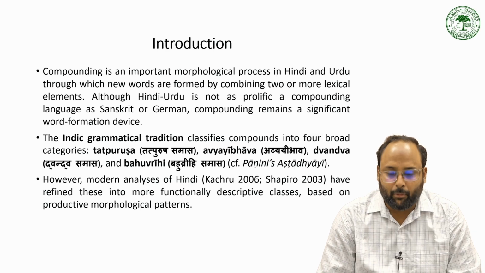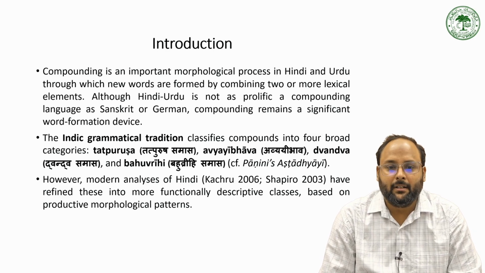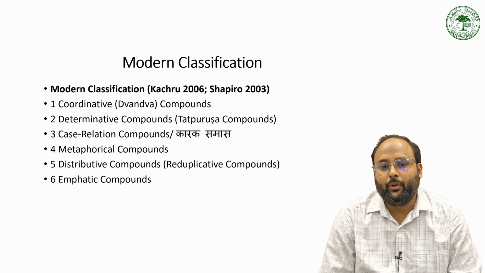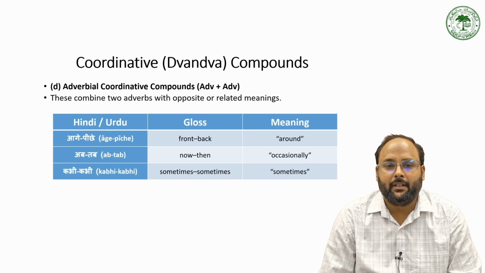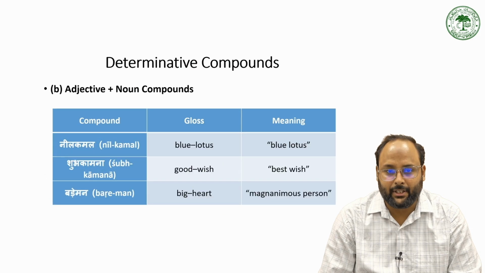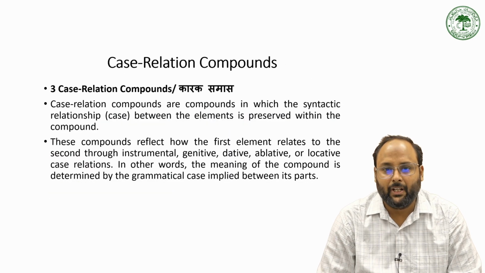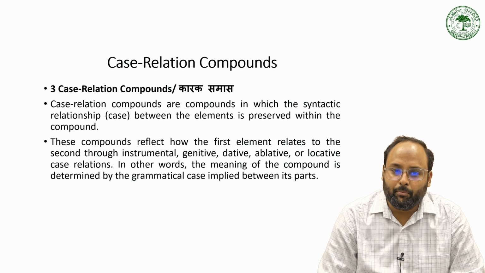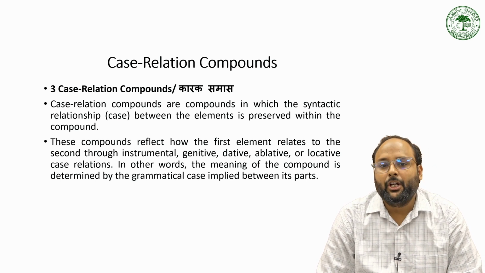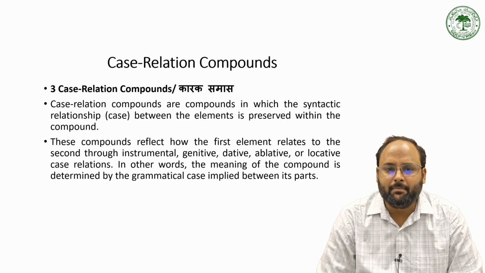In compounding we have discussed many things, like Tatpurusha, the Indic classification and the modern classification. In the modern classification, today I am going to discuss the case relation. The case relation compound is also called the Karak Samas, in which the two elements have some syntactic relationship between them.